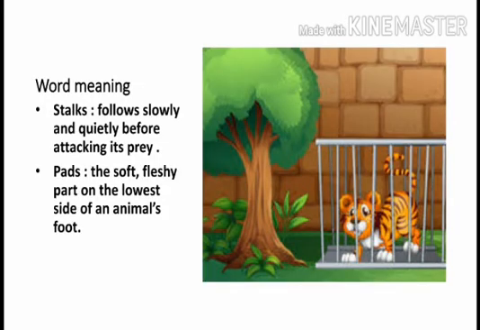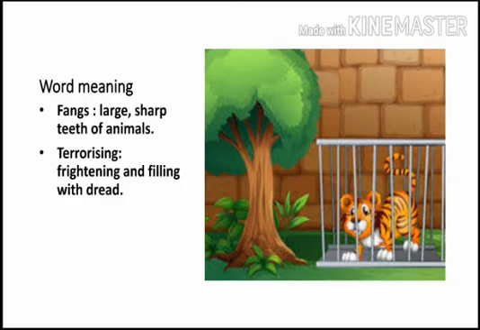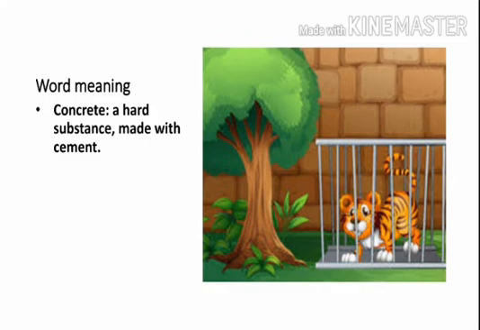Now children, here are some word meanings which we have already discussed in the previous video. So what you have to do, you have to write all the word meanings which have been given and learn them by heart.